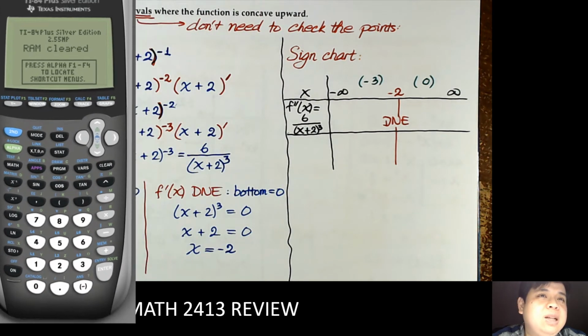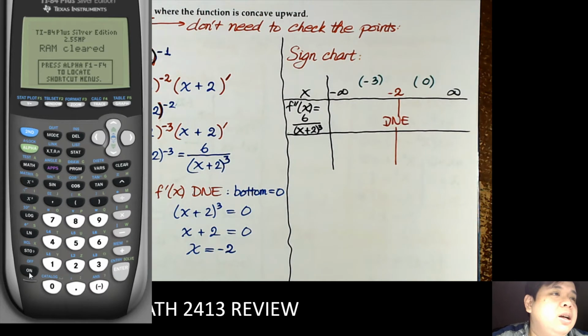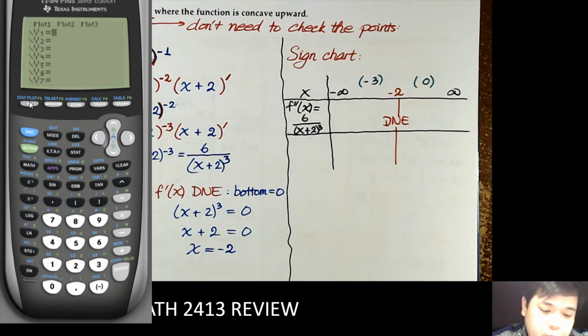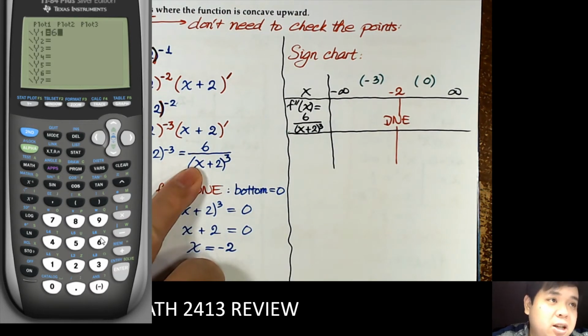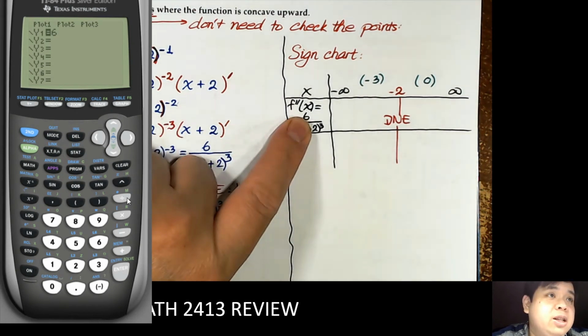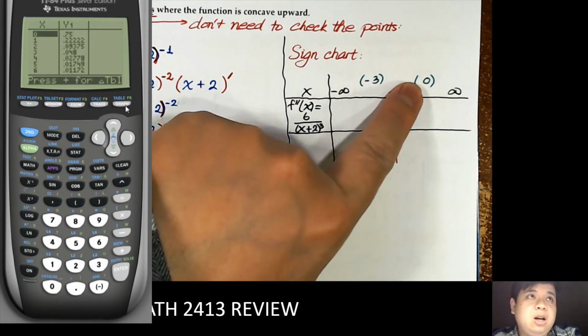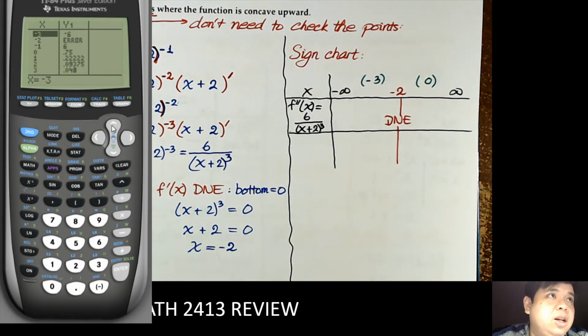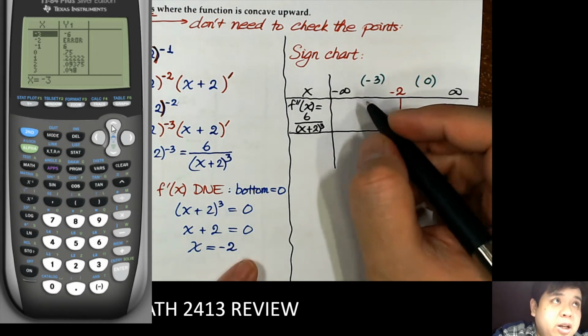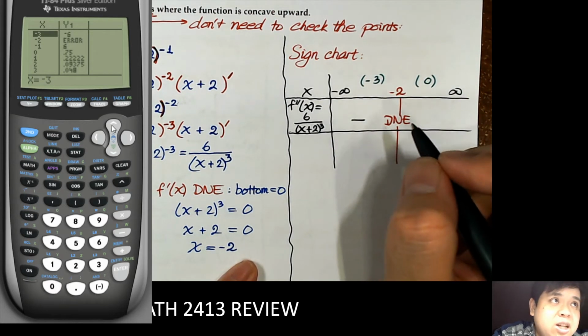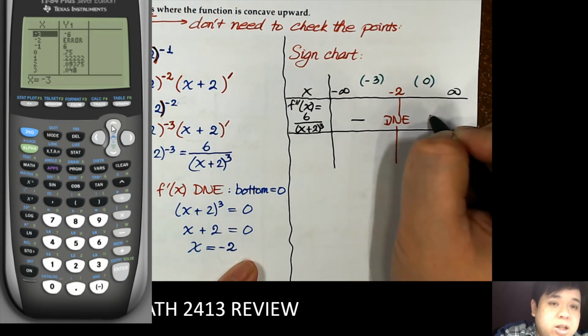Right. Let's put that here: y equal to the second derivative, 6 divided by x plus 2 cubed. Just go to a table because those are nice and even numbers. When x equal to negative 3, it is equal to negative 6, and when x equal to 0, it's going to be positive.